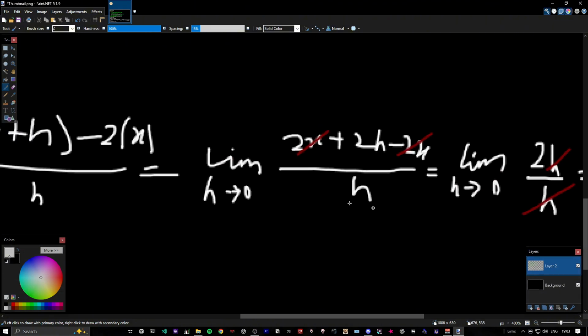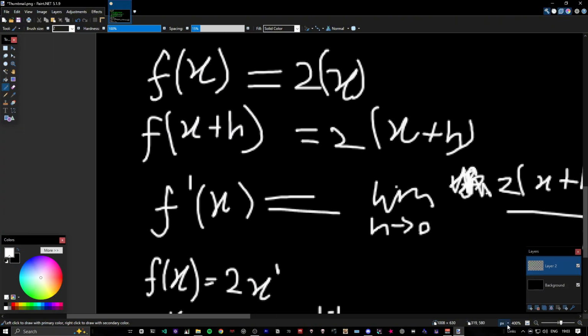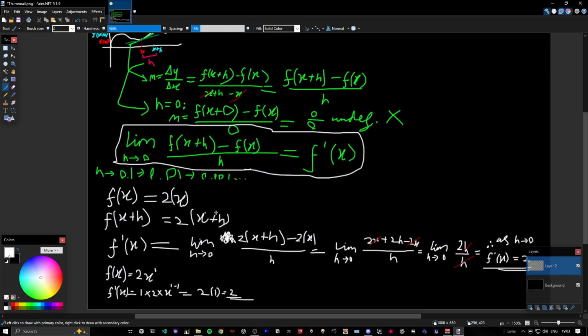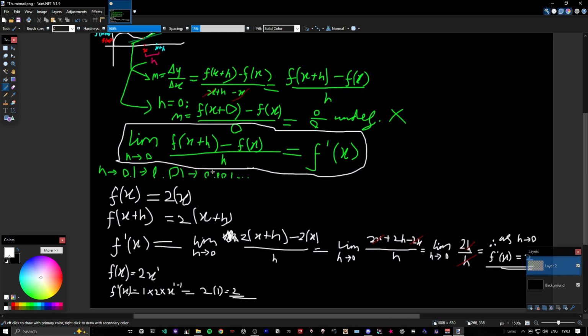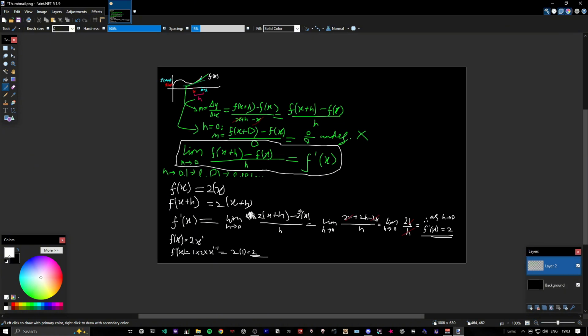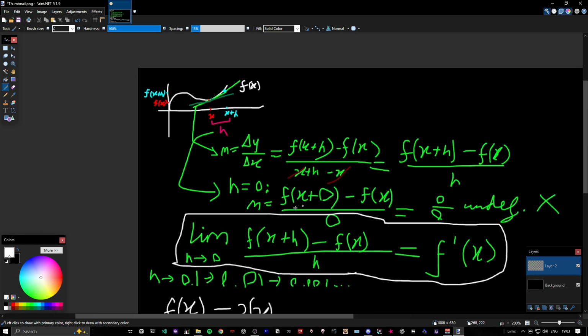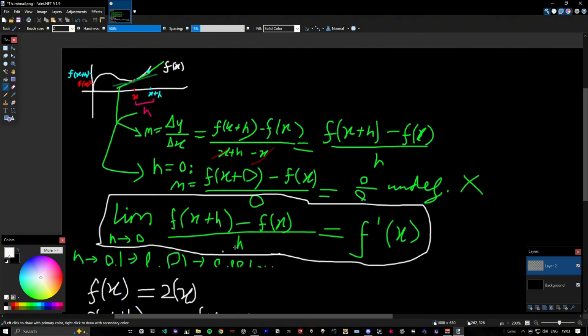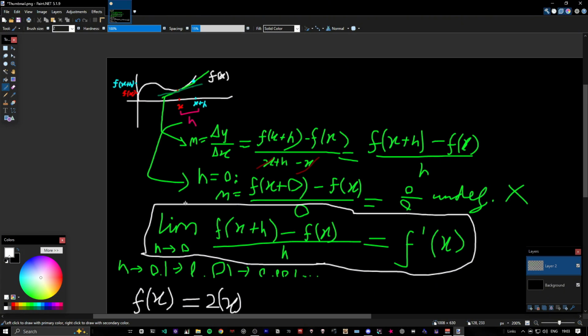So it's correct. Now you can do this with any kind of function. So sine x, cosine x, but you might just need to learn the addition rules for them to actually show it in the end. But yeah, that's differentiation by first principles.